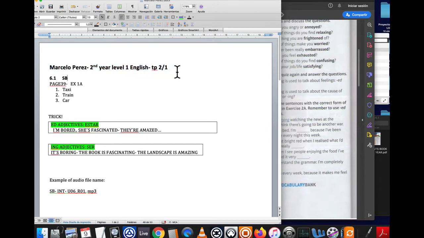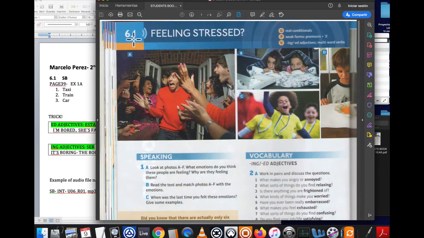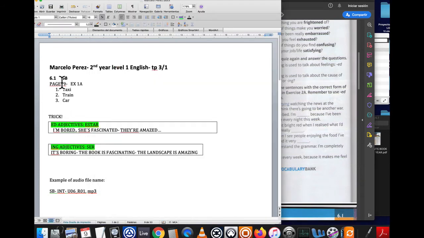Actually, this is 3, because 1 is the writing, 2 is the landlady, 1 is Rumpelstiltskin, 2 is the landlady, and this would be 3 for you, okay? And then you write, for example, 6.1, which is the unit. This is 6.1, can you see here? And you write the name of the page if you want, 68, yes, page 68.